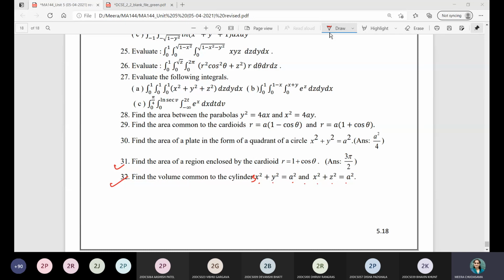Can any one of you imagine the intersection part of these two cylinders, what it will be? You can unmute yourself and tell me the answer.